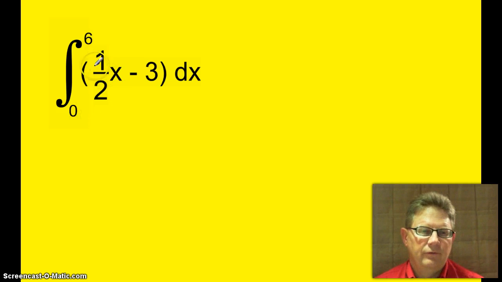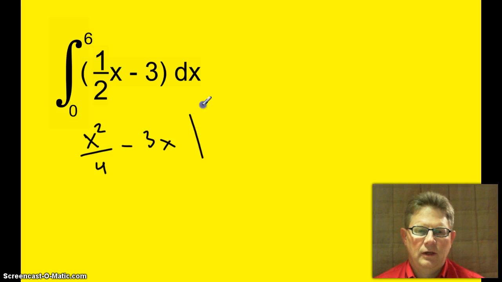The antiderivative for 1/2 x minus 3 is x squared over 4 minus 3x evaluated at 6 and 0.